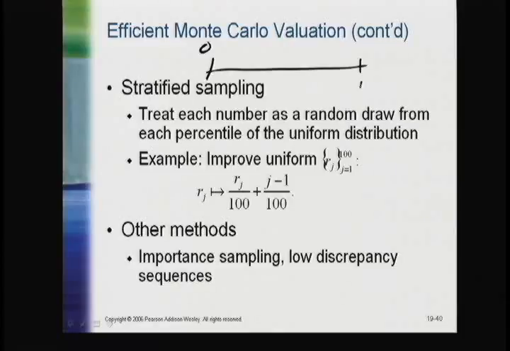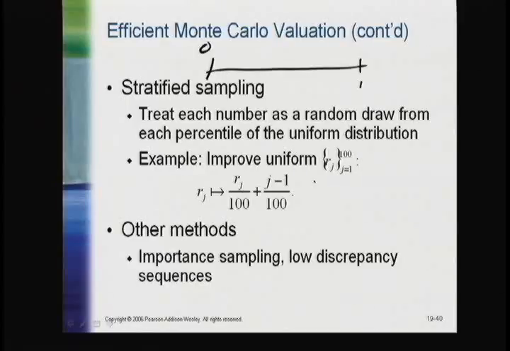You might not be satisfied that those 1,000 values in fact give you the complete range from 0 all the way to 1. And of course, you want that for various applications that I discussed earlier. Now, one approach is stratified sampling, and here's the way we would do it.